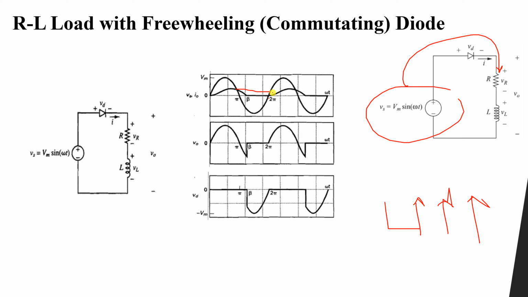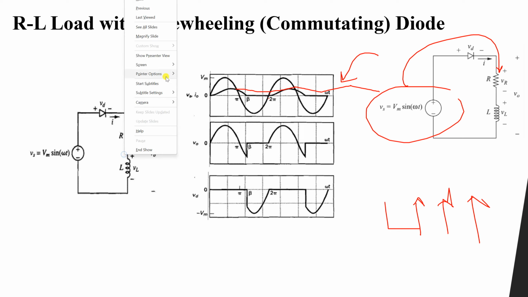So it will start charging like this, and then discharging, and so on. This is what we call a continuous current waveform, because you can see the current does not go to 0. It has a value, goes down, discharges, still has a value, charges, discharges, and so on. So it's a continuous waveform.